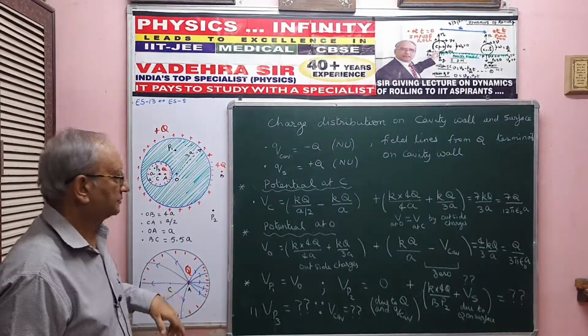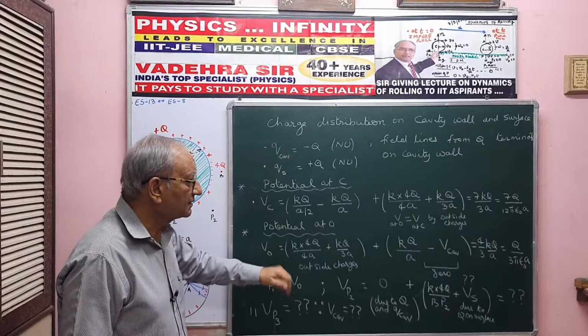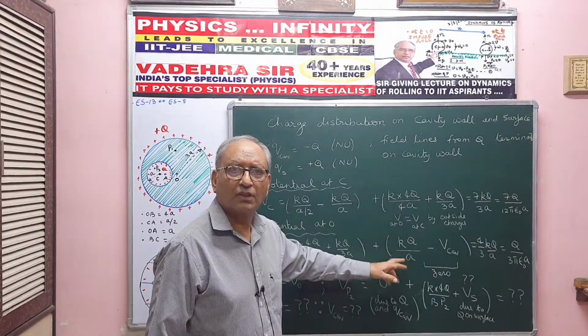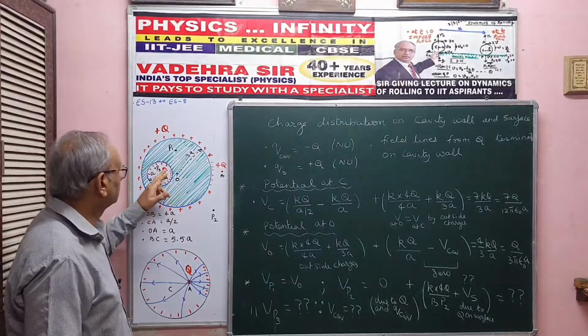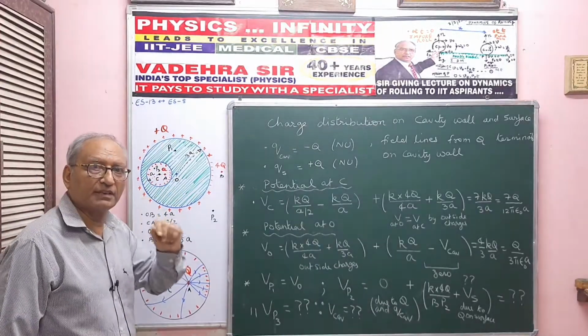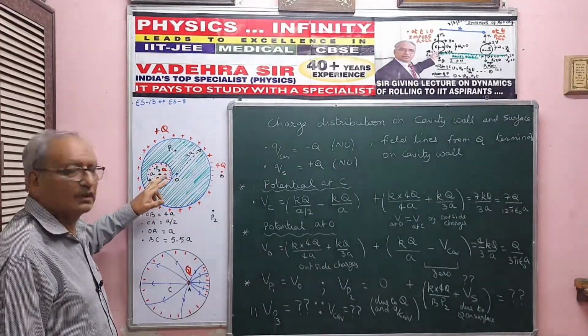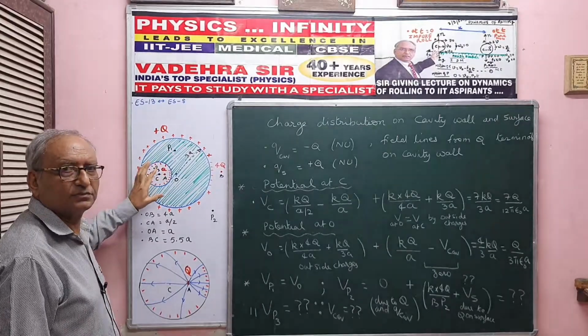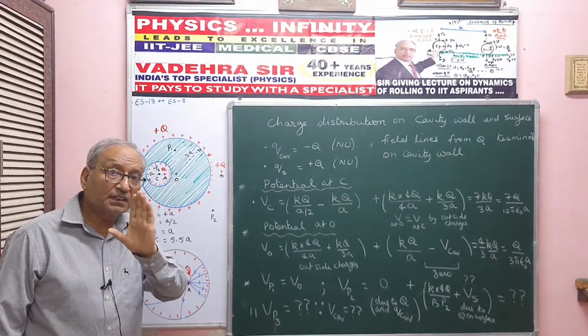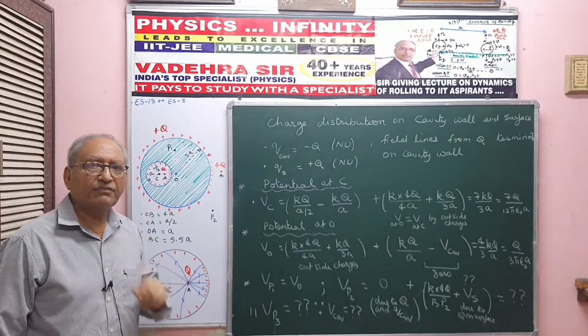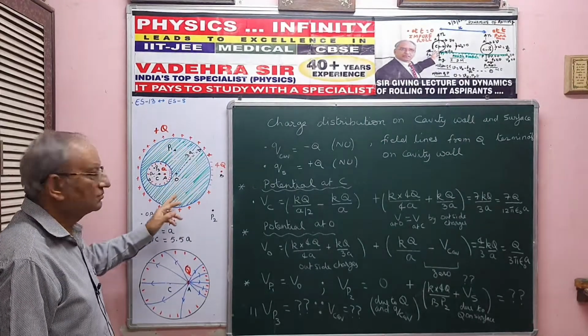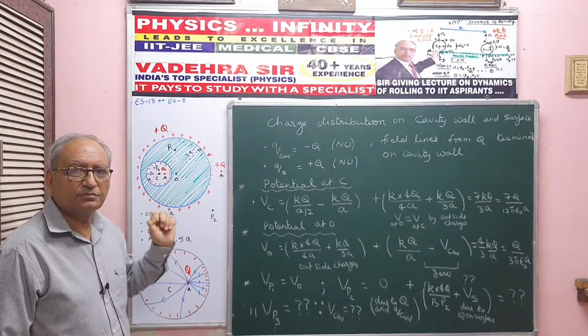This means that the movement of Q, now this is a very important point, the movement of Q anywhere within the conductor is not going to disturb the electric field at any point in the conductor.